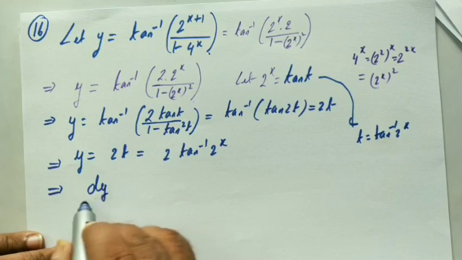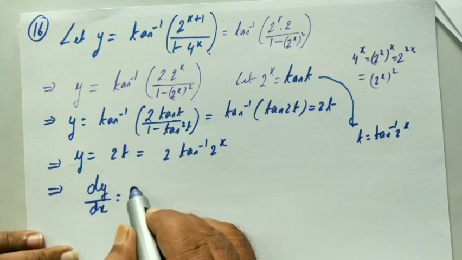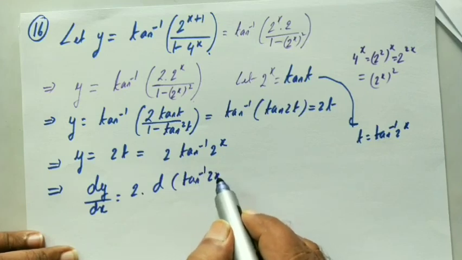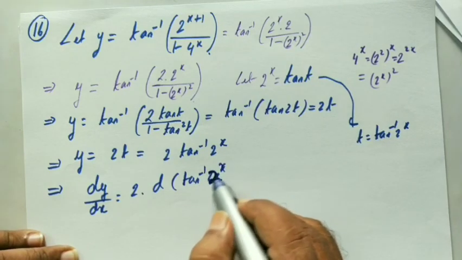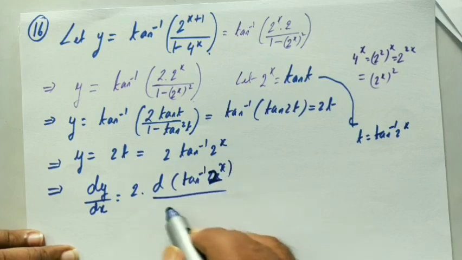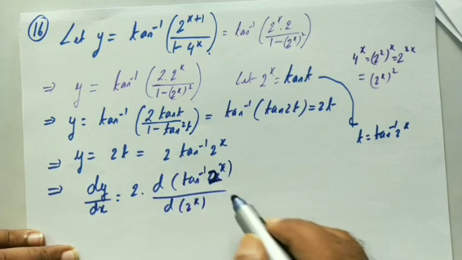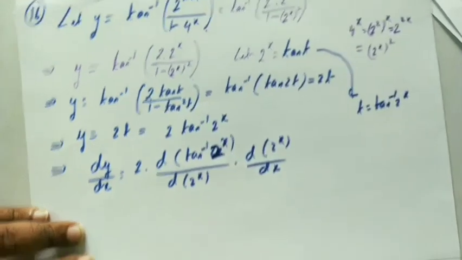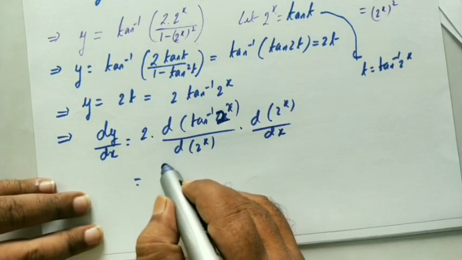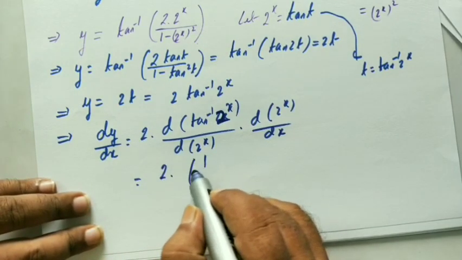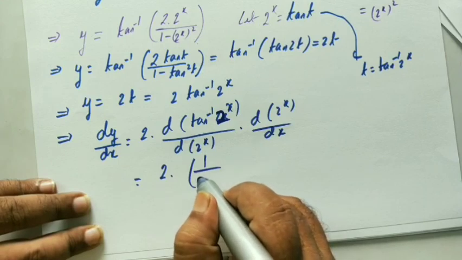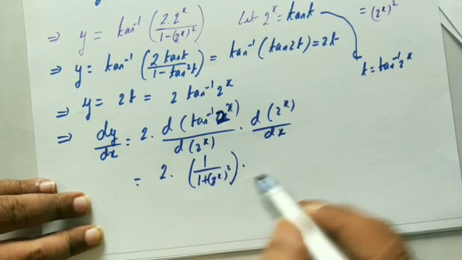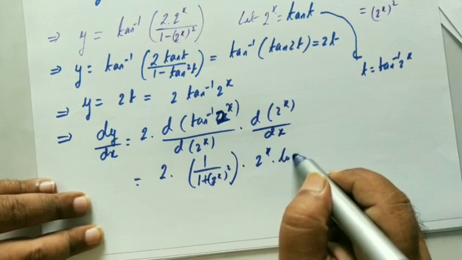Now, dy by dx, I differentiate 2 to the power x with respect to 2 to the power x, and then with respect to x. One by 1 plus 2 to the power x whole square, and this is log 2.